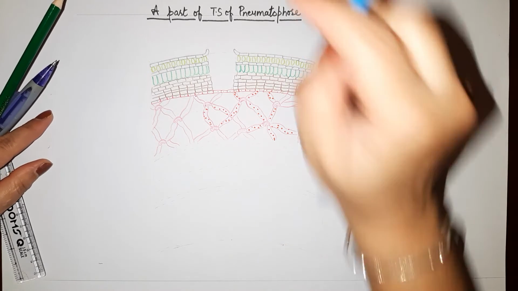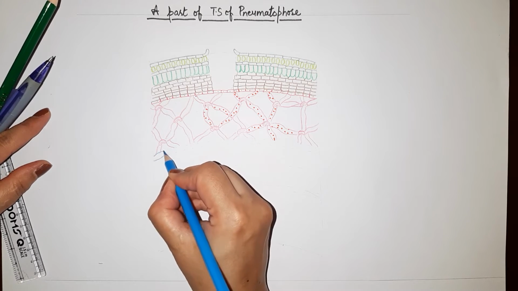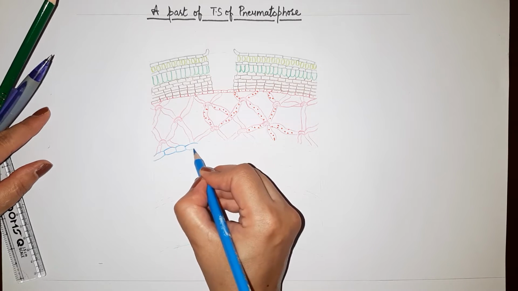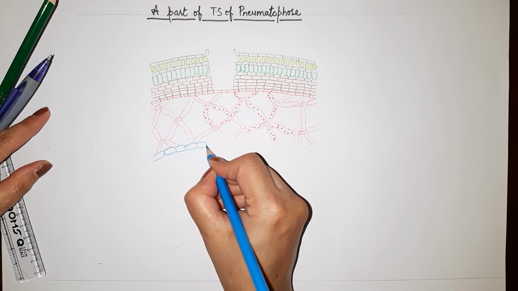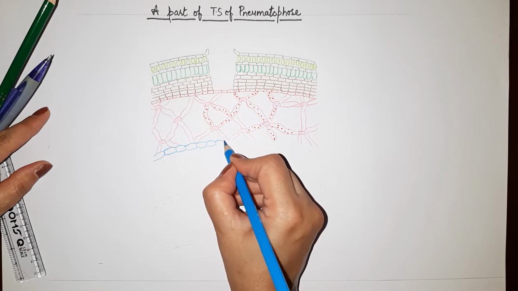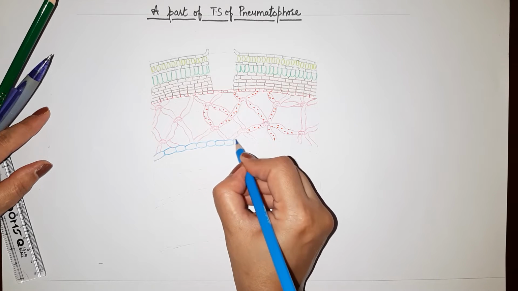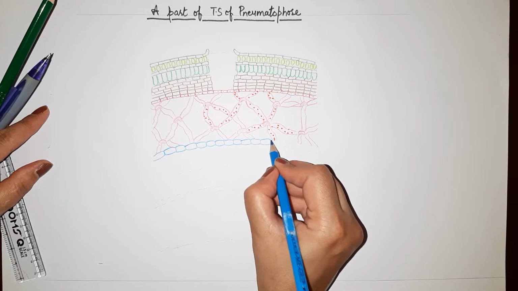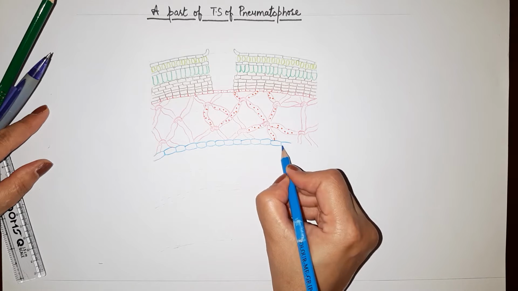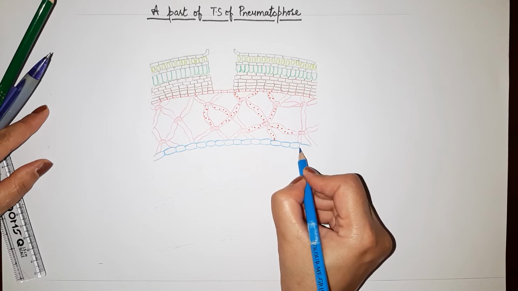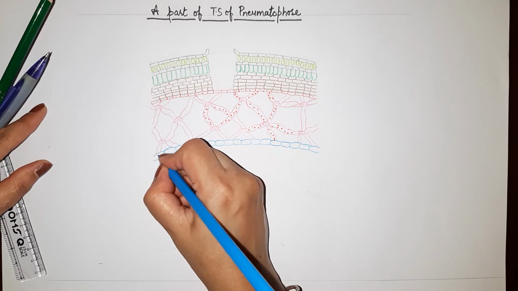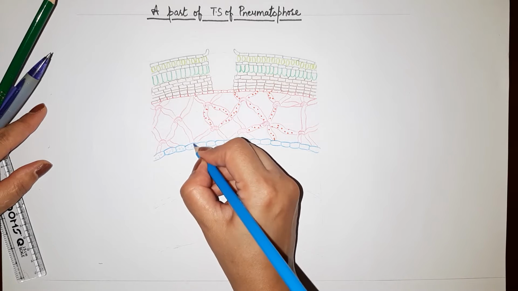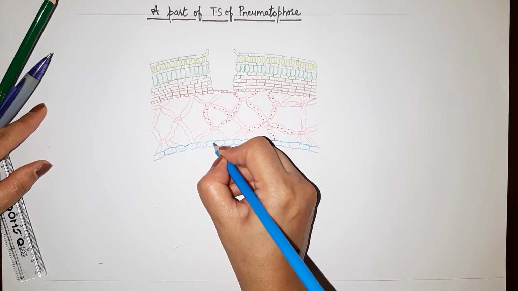The cells of endodermis are barrel shaped large cells and they have starch grains. You can make small circles in order to make this layer differentiating.